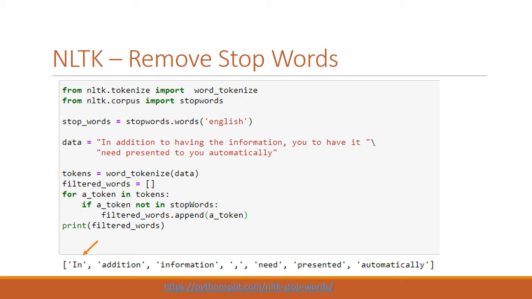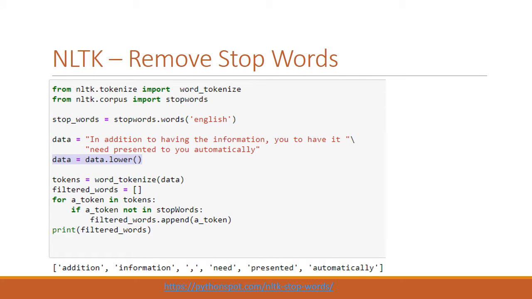Now, if you notice, we have a small problem. Most of the words look pretty good: addition, information, need, presented, automatically. So those are our tokens that are not stop words. But we have a couple of problems. We have a comma in there, and we have a stop word, uppercase I-N, in. Surely that's a stop word, so why didn't that get filtered?